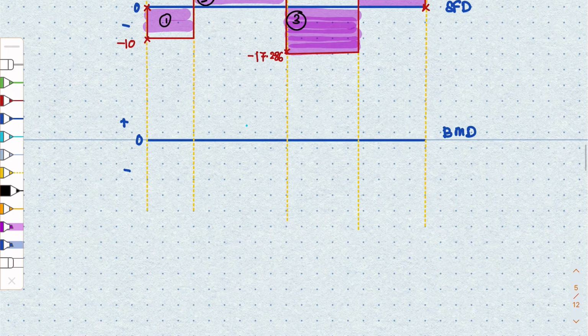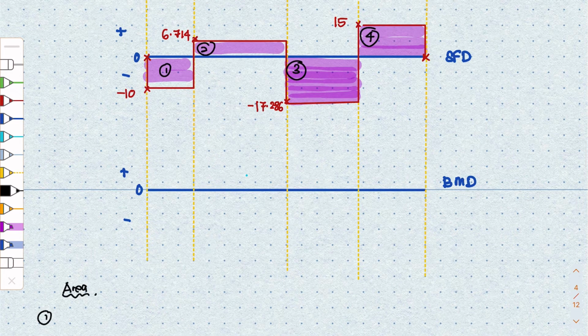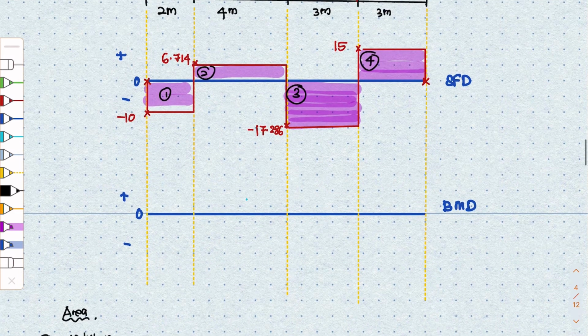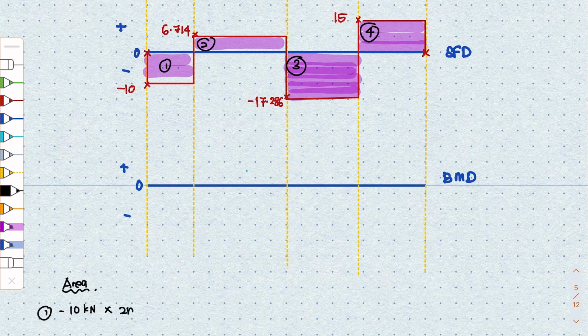So I cari area 1. So for area 1, kita tengok the height ataupun force dia adalah negatif 10. Dan kita akan darab dengan the length ataupun the width ataupun panjang dia, which is 2 meter.